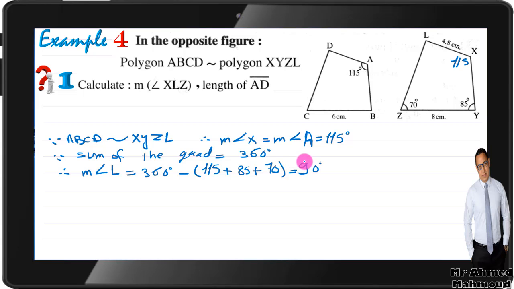The second required, find the length of AD. Okay. Therefore, here AD over XL equals, I'm going to choose BC and YZ, BC over YZ.